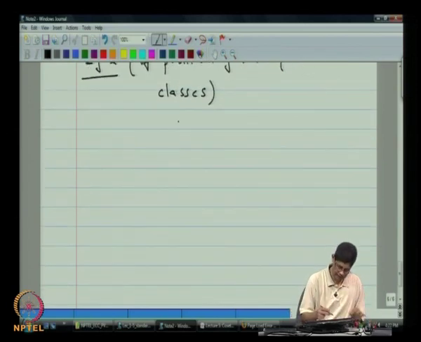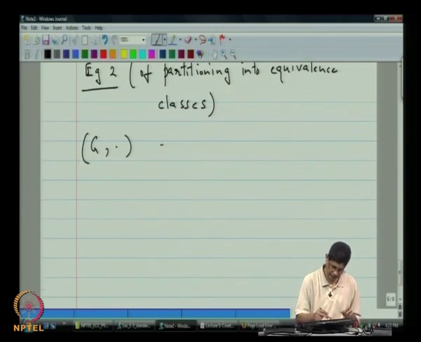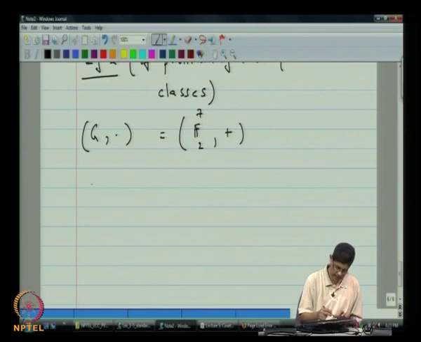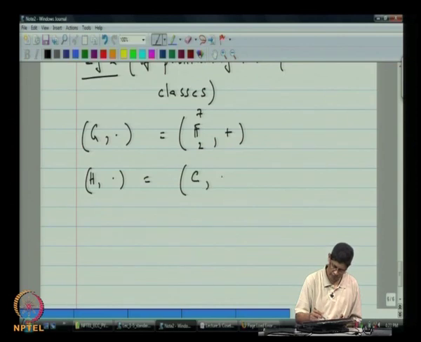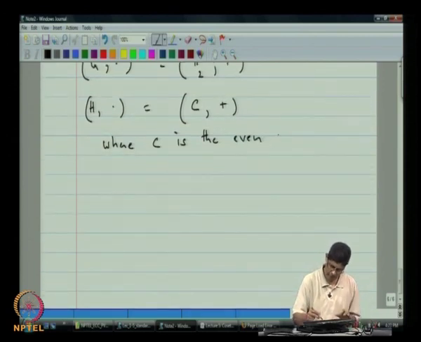So this time let's take G to be the set of all 7-tuples under modulo 2 addition, and let's take H to be a code C, where C is the even parity code.